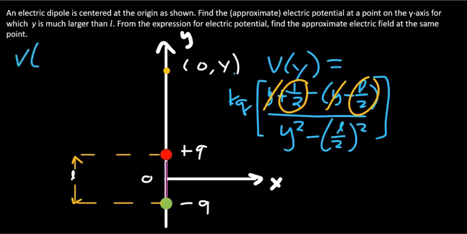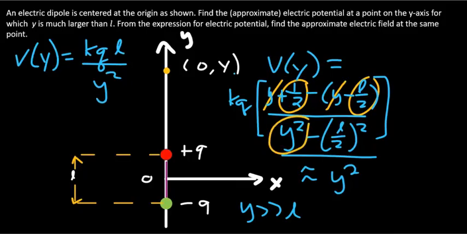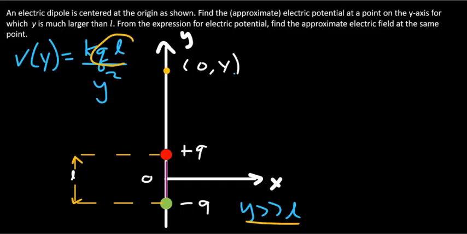So the expression for potential at that point becomes kqL over. Now the denominator, since we know y is much greater than L, this can be taken approximately to be y squared. So over y squared. The reason is, for a dipole, this term is much greater than that term because of that condition. We note that Q times L is the dipole moment.